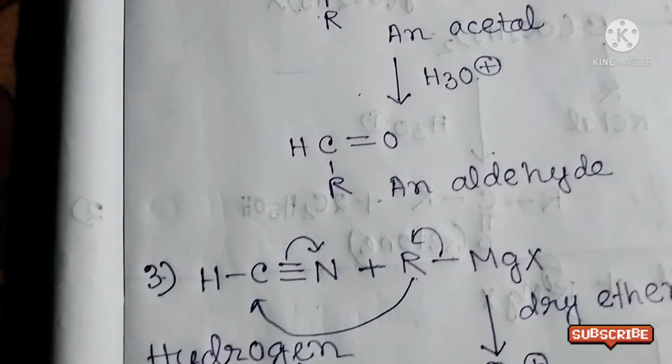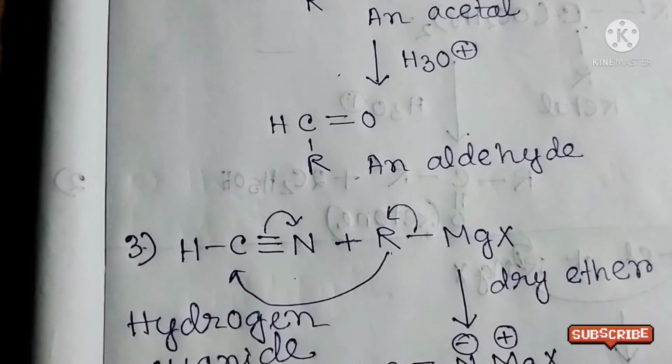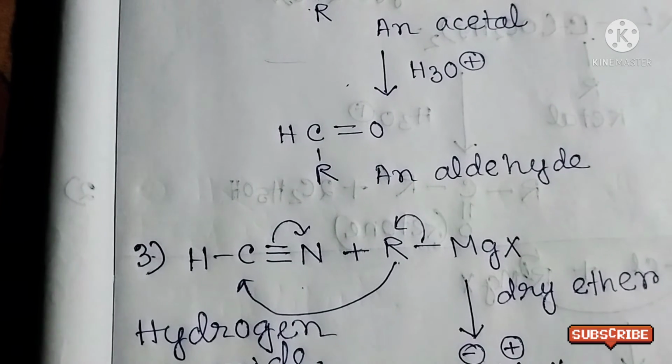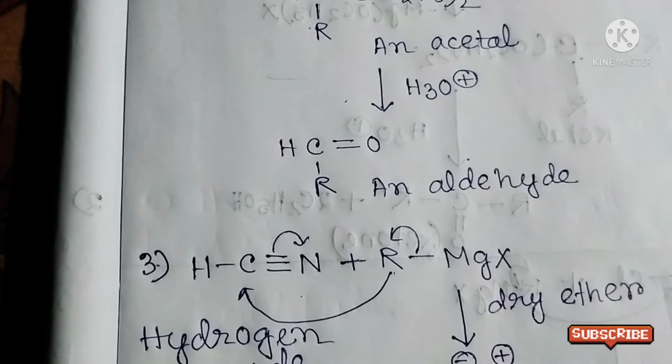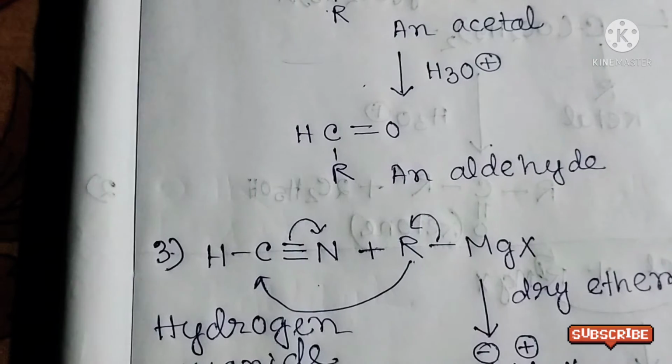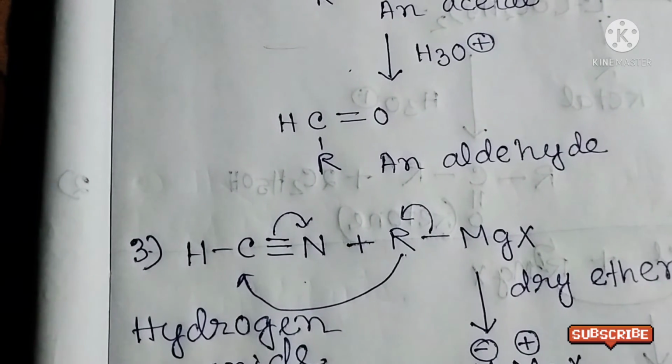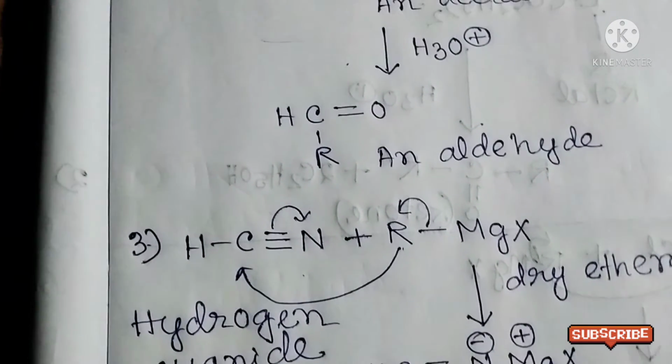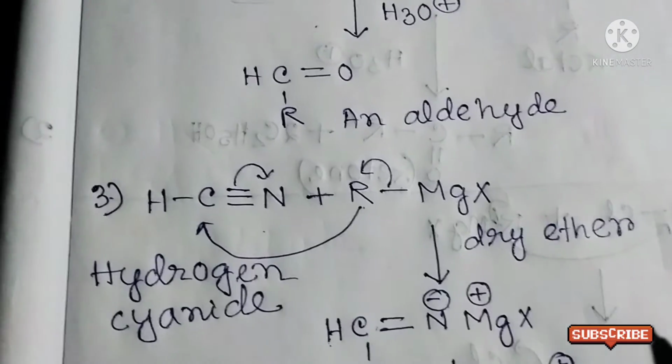So understand, students? Now next one is hydrogen cyanide reacting with R-MgX in the presence of dry ether. Try to write the product. Pause the video and try to write the product. Now let's start.